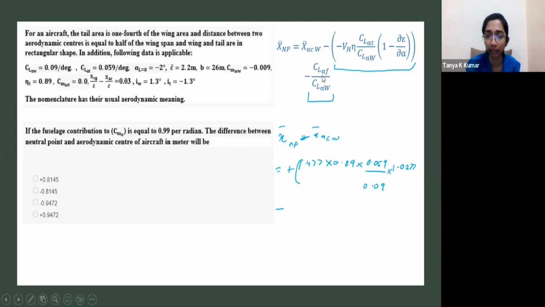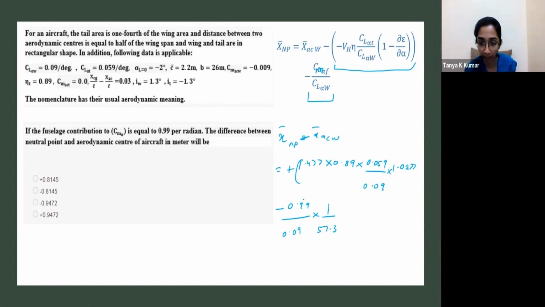This equation is wrong here. It should be CM alpha of the fuselage. Okay. No mistake. CM alpha of the fuselage is 0.99 and CL alpha of the wing is 0.09, and that is in per degrees. Okay, so this value is in per degrees. We need to change that. So you multiply the denominator with 57.3. Is this clear?